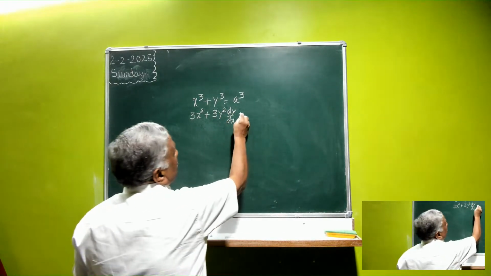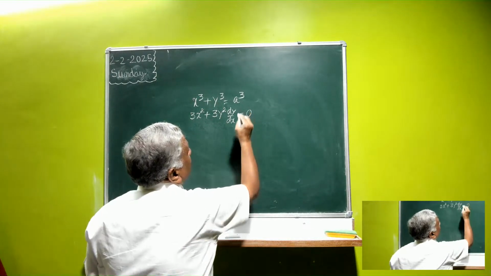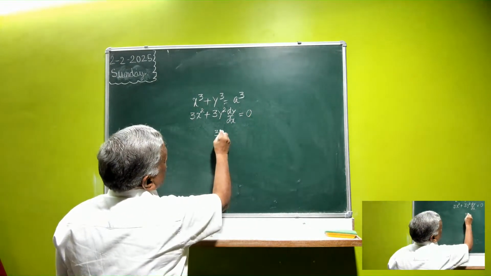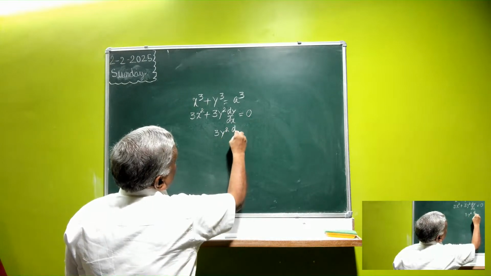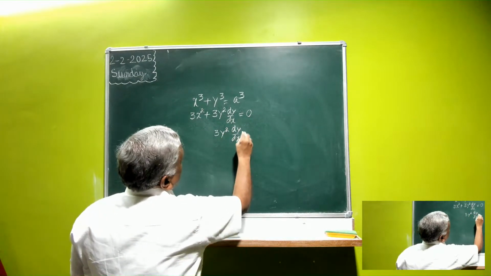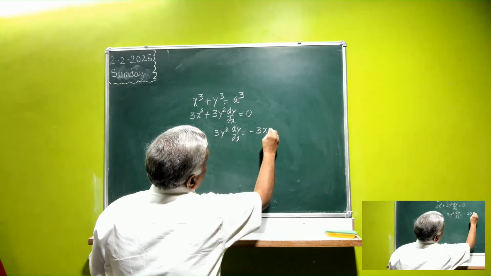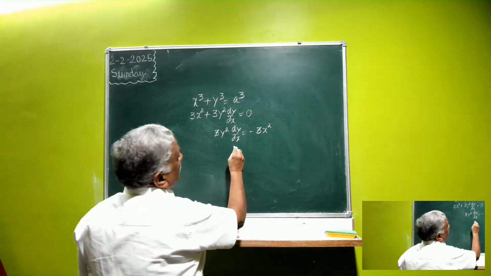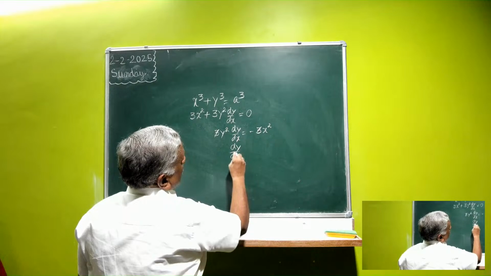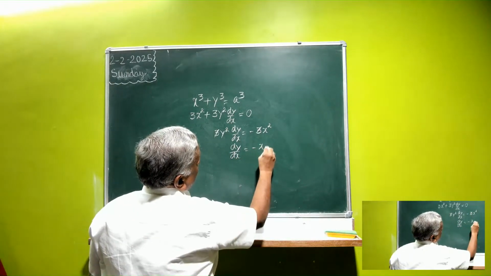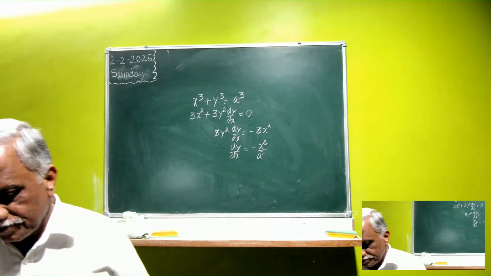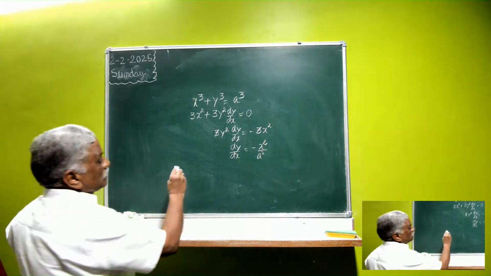A cube is a constant, don't write 3a squared, it is 0. So 3y squared dy by dx is equal to minus 3x squared. 3 and 3 will cancel. So dy by dx is equal to minus x square by y square. We go to the next problem.